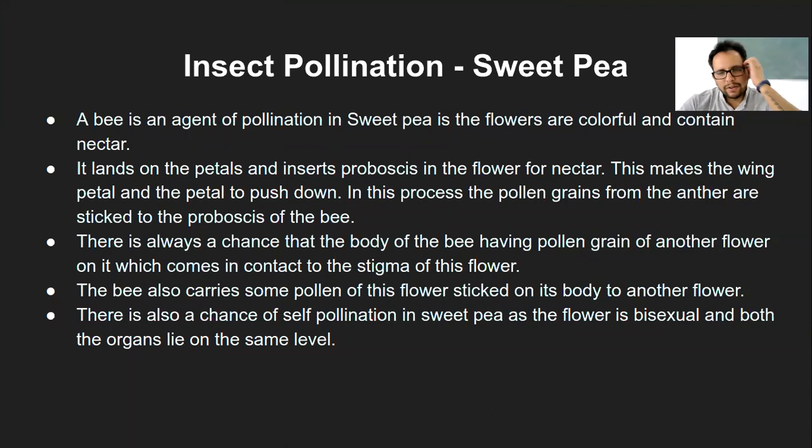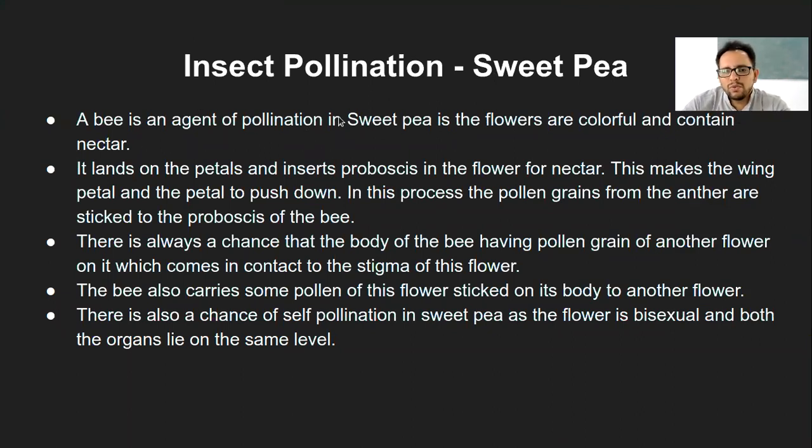Okay, perfect. So, we all know now what insect pollination is. There is specific mention of insect pollination in the sweet peas plant. Just to mention it briefly, in this case, a bee is involved as an agent of pollination.